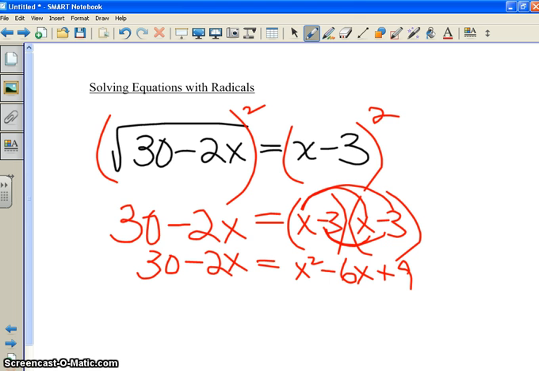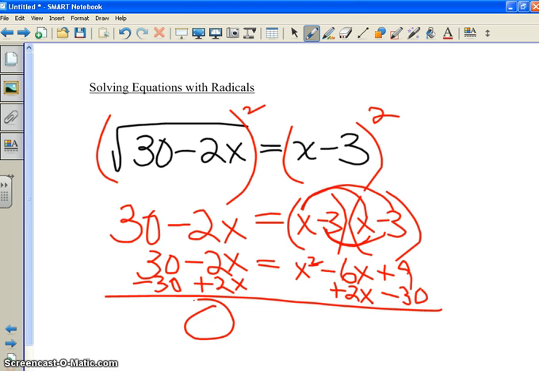Now I've turned this equation into a quadratic equation. So let's make this equal to 0 by minusing 30 and adding 2x. That'll give me my 0 is equal to x squared minus 4x minus 21.